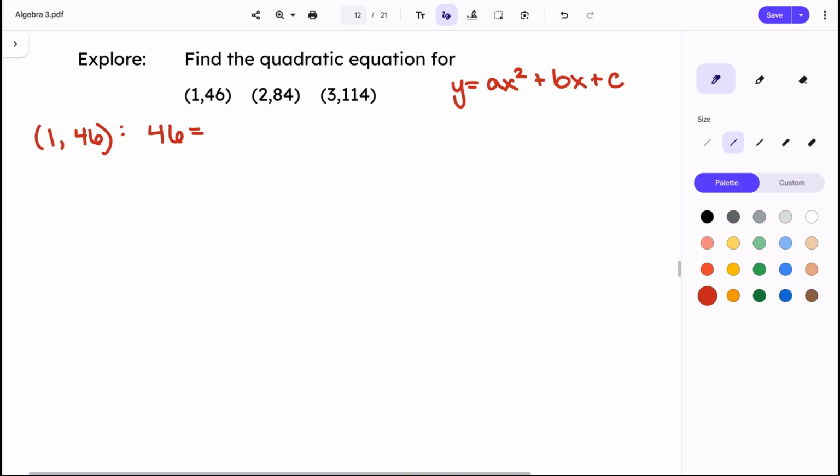What are we putting in for the x's? Ones. So it would be a times 1 squared, which is just a. B times 1, which is just b, plus c. Okay, then we do the same thing for 2 and 84, and for 3 and the 114.